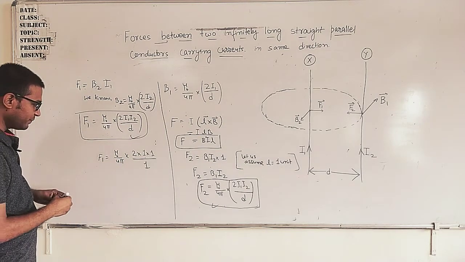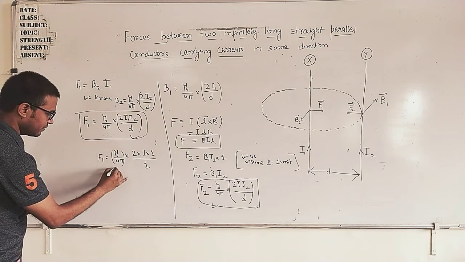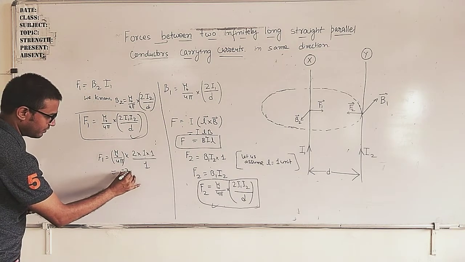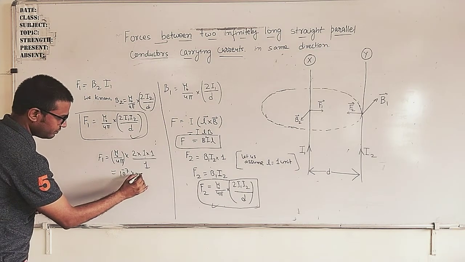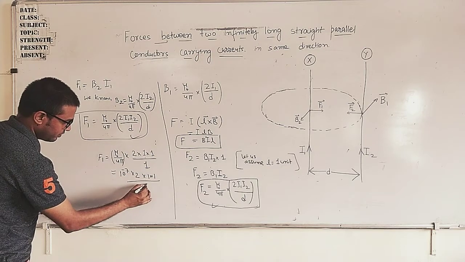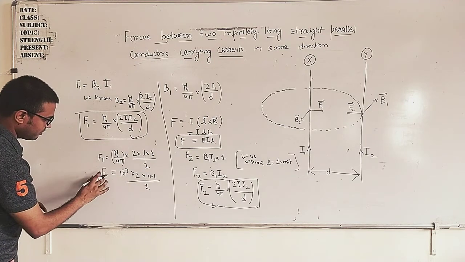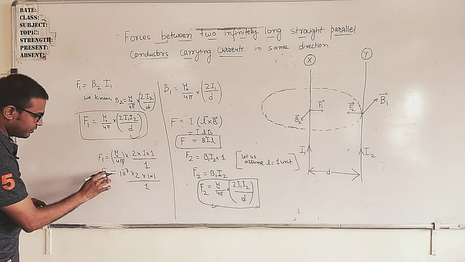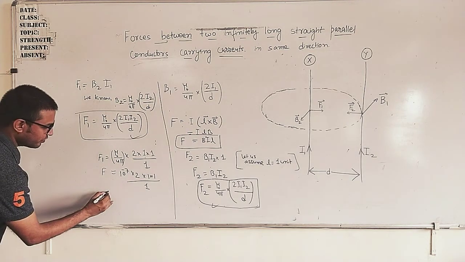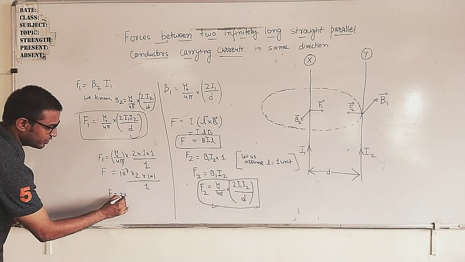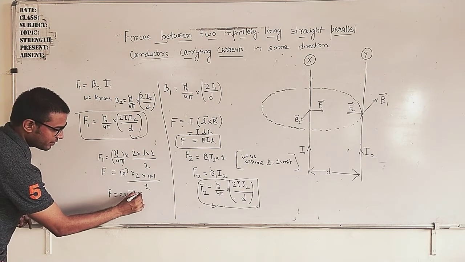Now what will happen? The expression is 10 to the power minus 7 into 2 into 1 into 1 into 1. This is F1. Let us suppose, removing the subscript, F. So we get the force as 2 into 10 to the power minus 7 Newton.